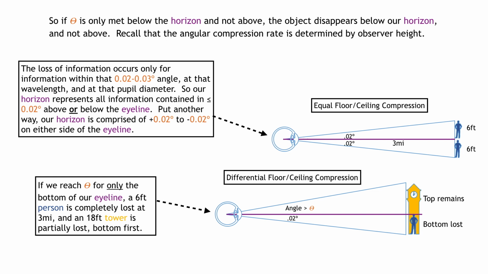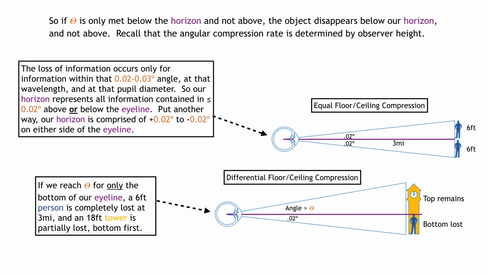So if theta is met below the horizon and not above, the object disappears below our horizon and not above. Recall that the angular compression rate is determined by observer height. So we're just using some diagrams here to represent this. The loss of information occurs only for information within a 0.02 to 0.03 degree angle. So you can have an object 0.02 degrees above your eye line disappear, 0.02 degrees below your eye line disappear, and so forth.